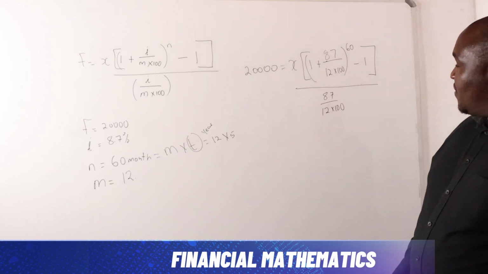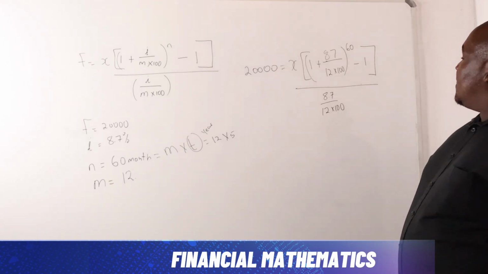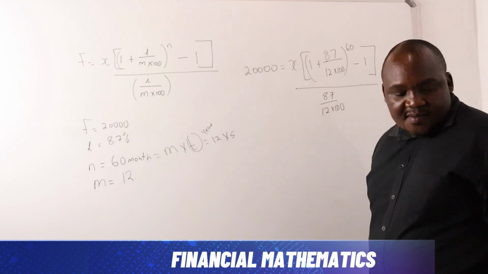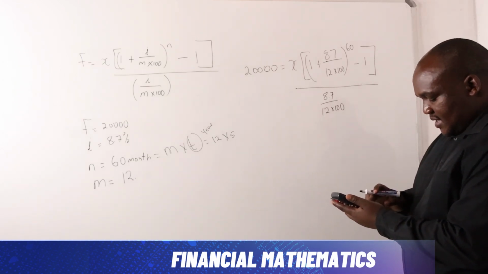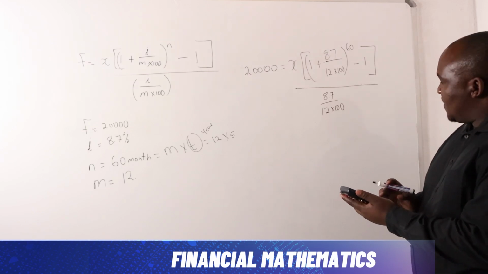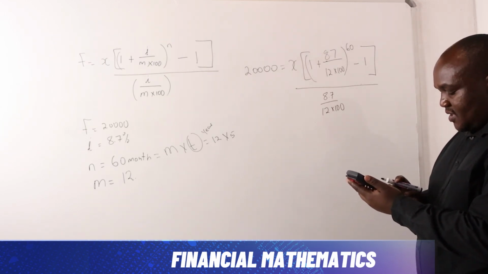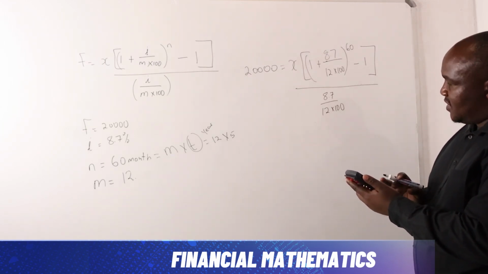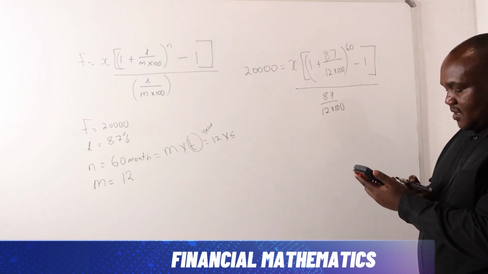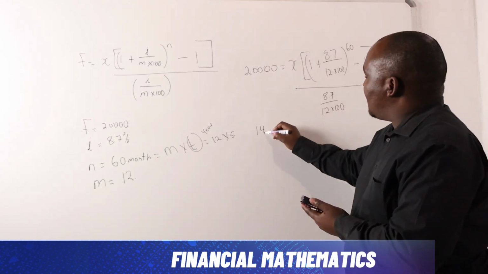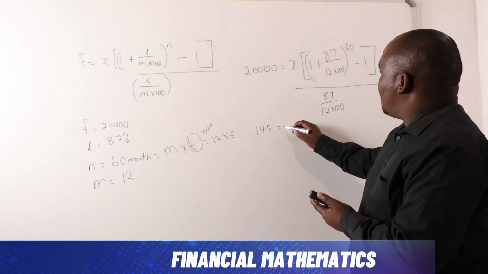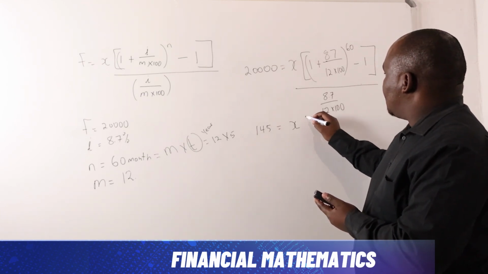This really looks very complicated, but let's see what we can do. We can say 8.7 divided by 1,200 multiplied by 20,000.